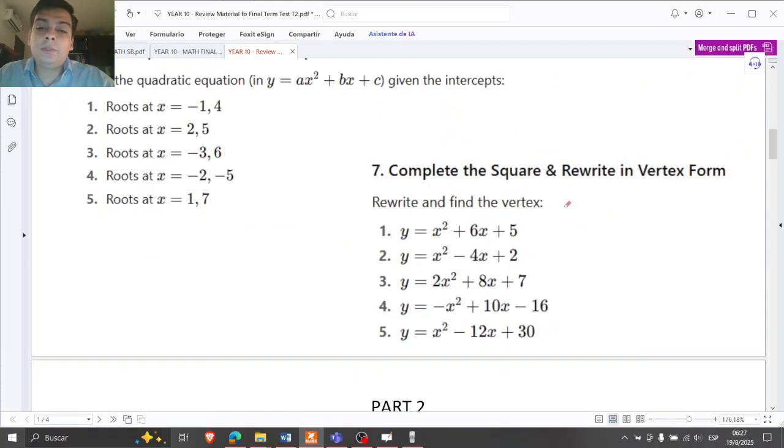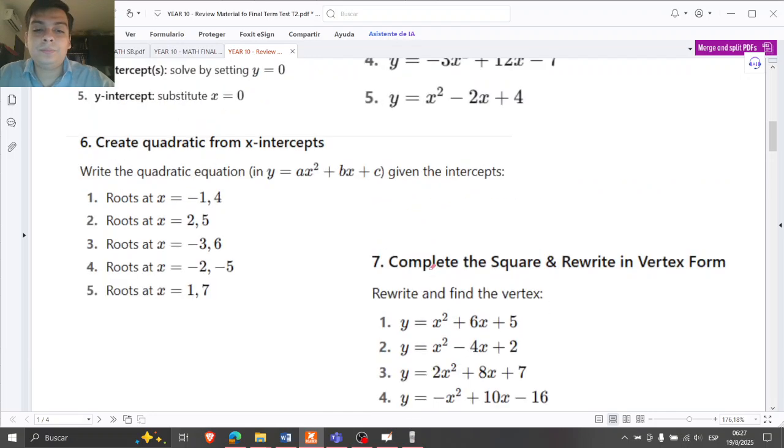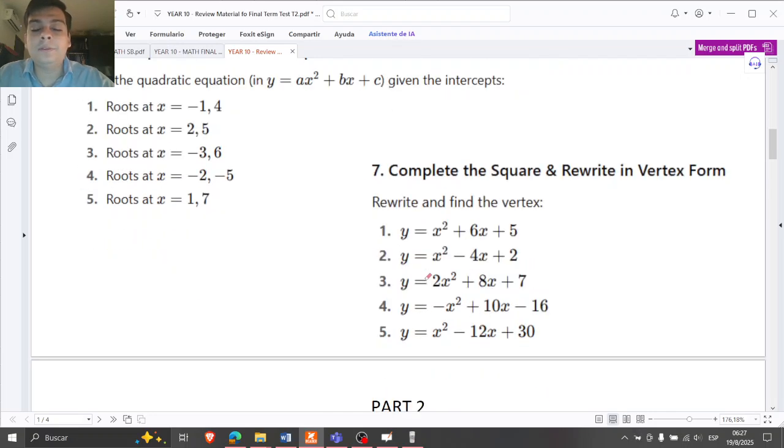You can see I'm not asking you to graph, but yes, you will have to graph. I forgot to write it here. You will have to graph, but I'm not asking for the axis of symmetry or different things.